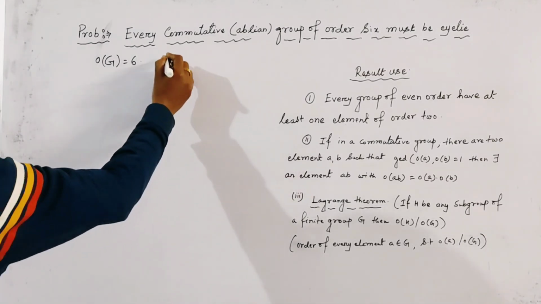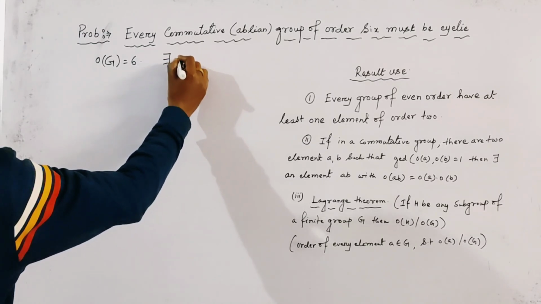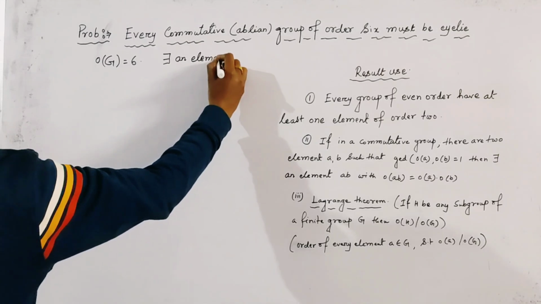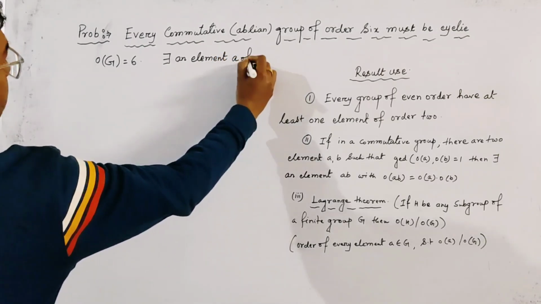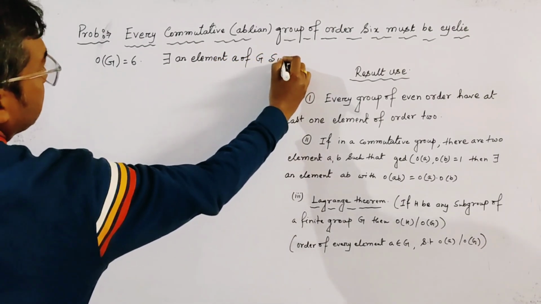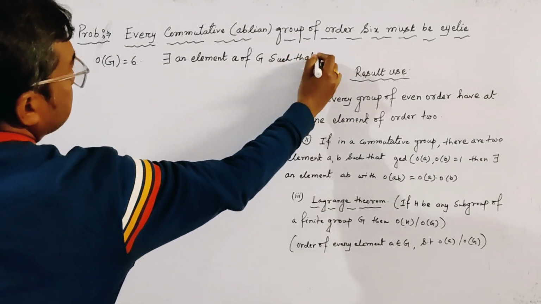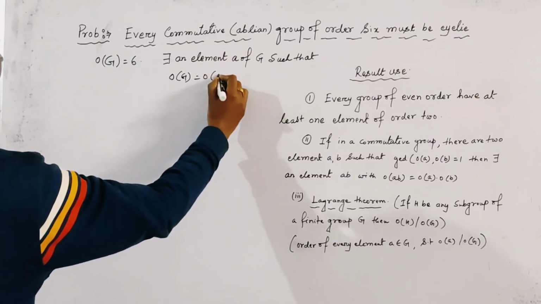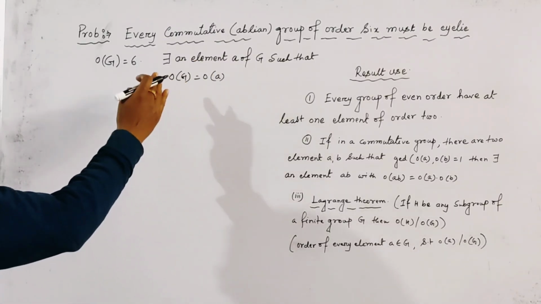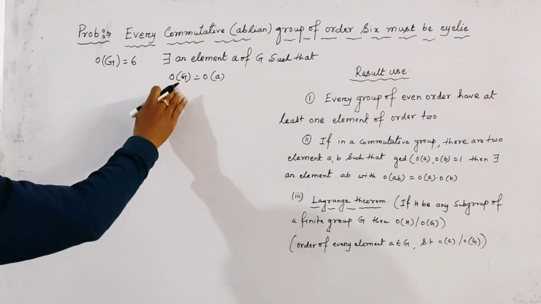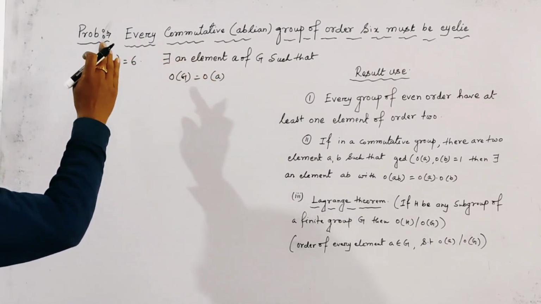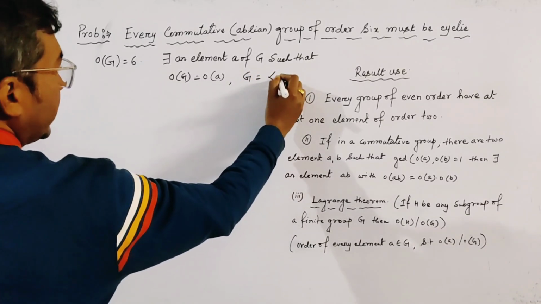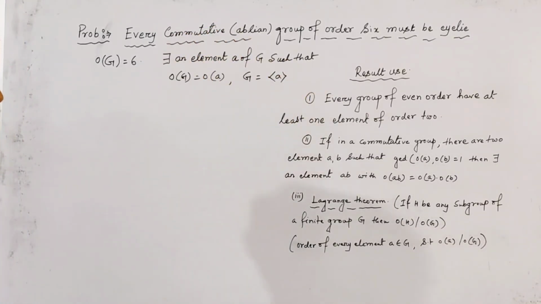That is, we have to show that there exists an element A of G such that the order of G is equal to the order of A. Then G must be cyclic, because G contains an element of order 6, and in this case we say that G is generated by the element A.